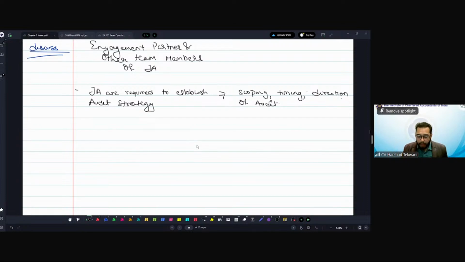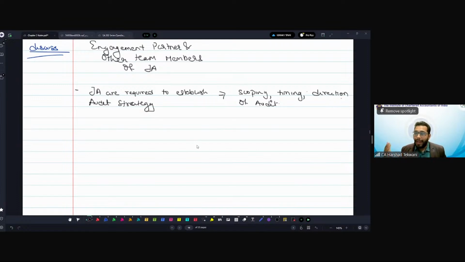When a joint audit was happening, one of the joint auditors was of the opinion that we will not rely on the IT systems, rather we will adopt an approach that is more on testing and less reliance on the IT controls. Another joint auditor was of a different opinion, that no, we have to rely more on the IT controls.